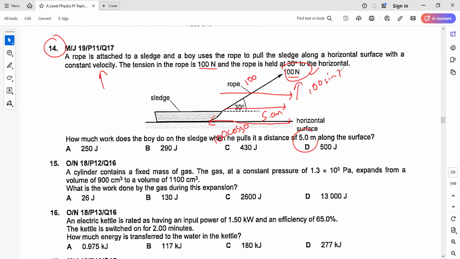Obviously, 100 sine 30 is not going to be used. So that's 100 cos 30 times 5. So I got 433, which is C. So do we get this?